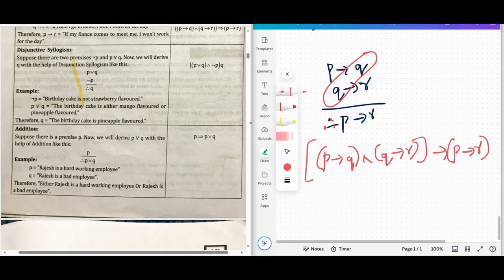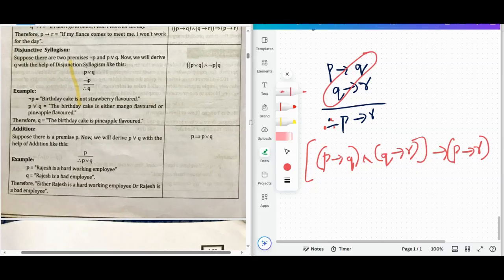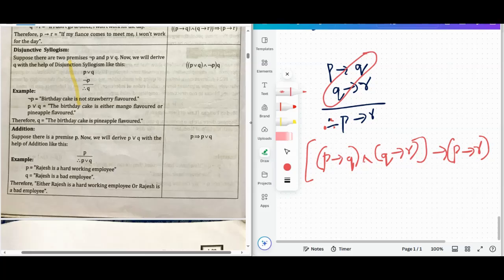Next one you have is disjunctive syllogism. What is disjunction?